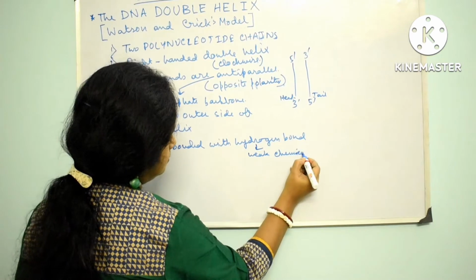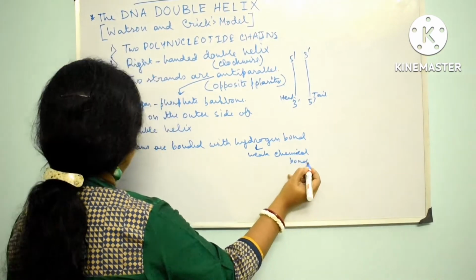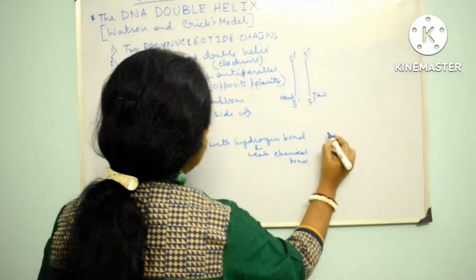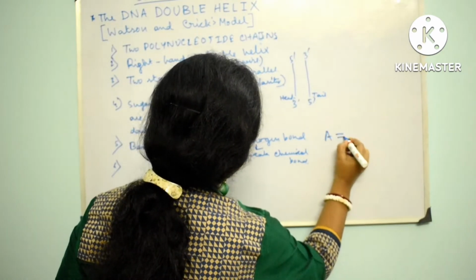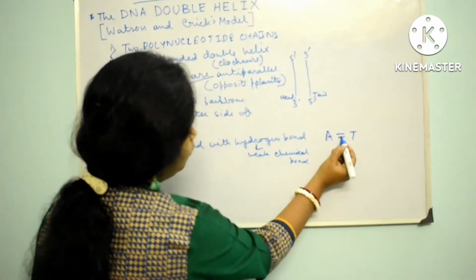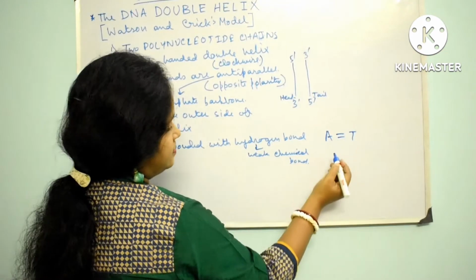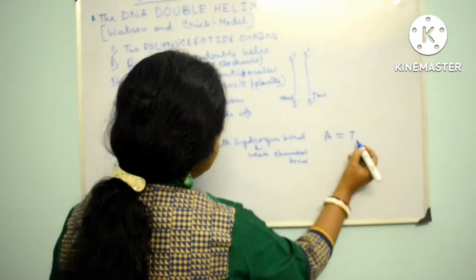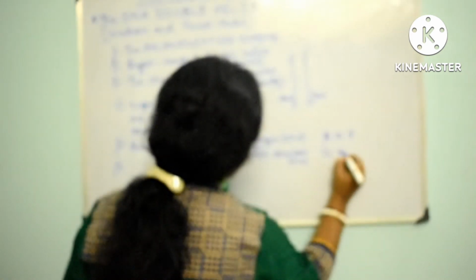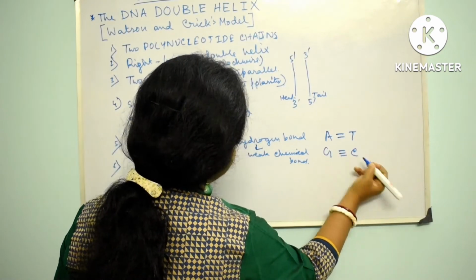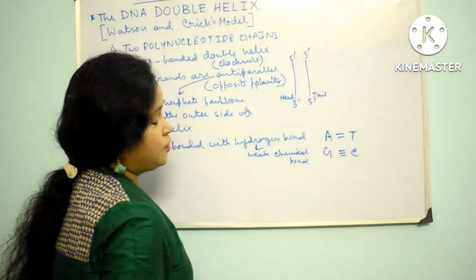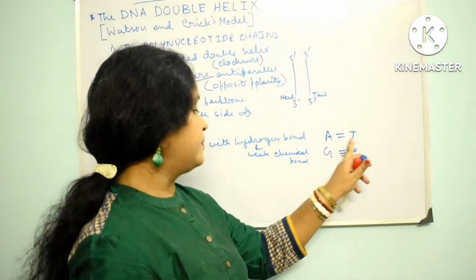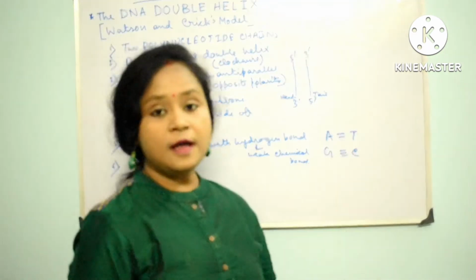A makes a double bond, these two are hydrogen bonds. Adenine makes a bond with T, and guanine makes a triple bond with C. As all of you know, A for adenine, T for thymine, G for guanine, and C for cytosine.